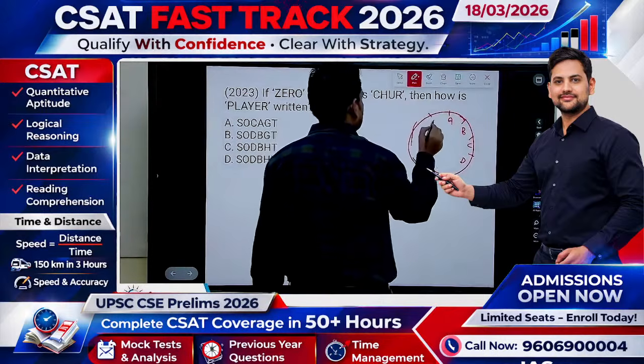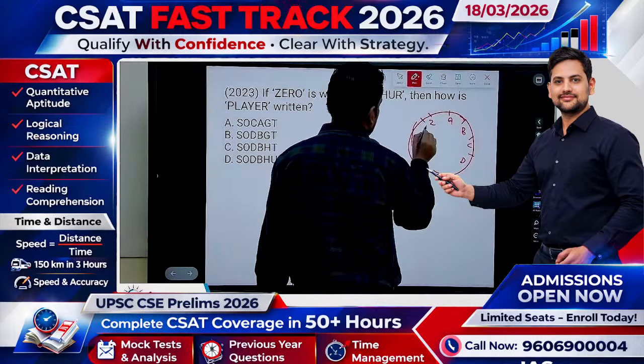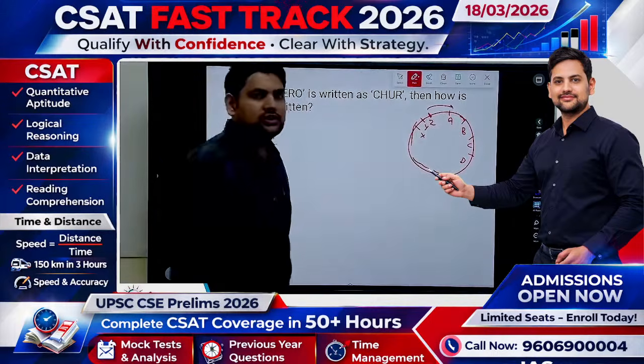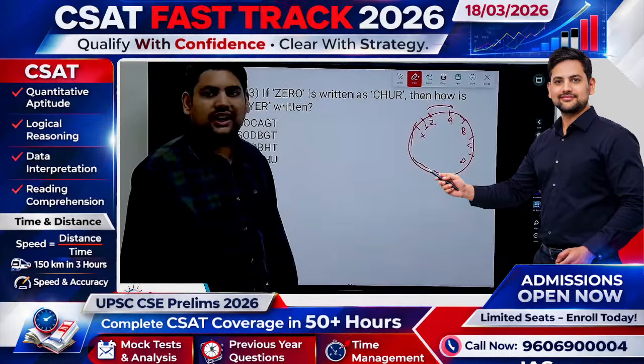You keep going like this. So after Z, you reach A again. This is something like a circle.